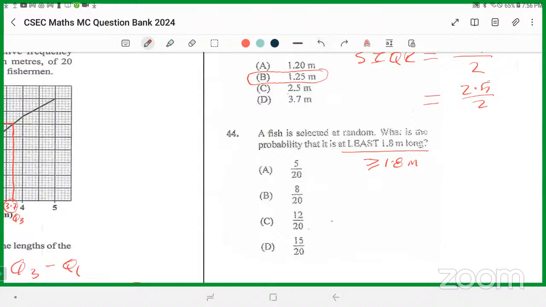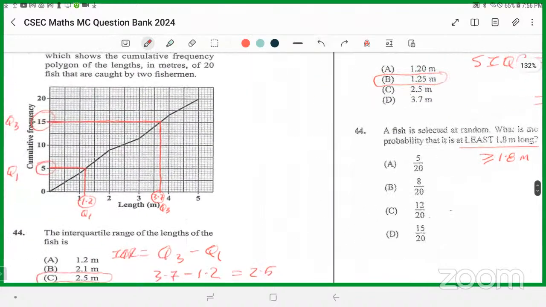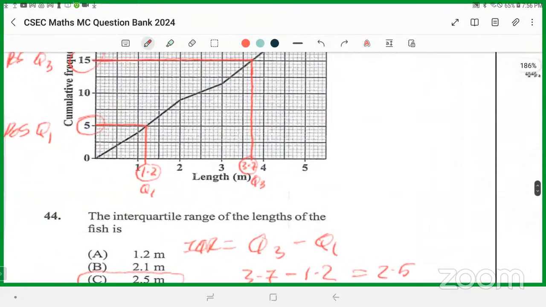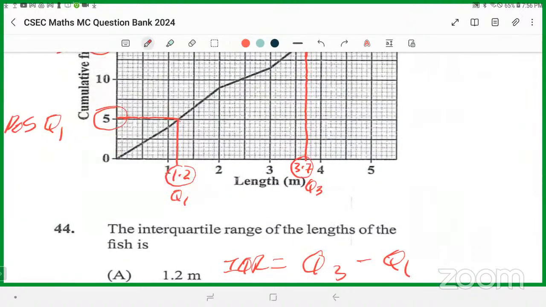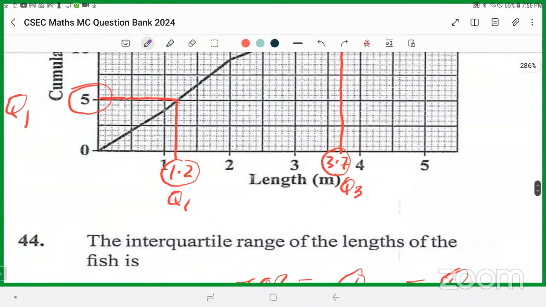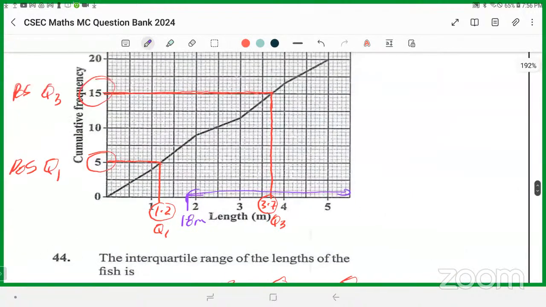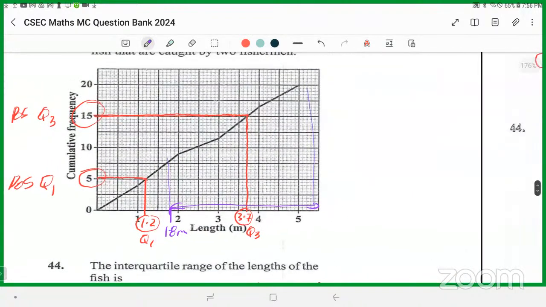You want the ones that are greater than 1.8. All right, so 1.8 is right here. Let's use a different color for that. Let's use purple. So 1.8 is right here. So you really want the fish out here, which corresponds to the fish up here at the top.